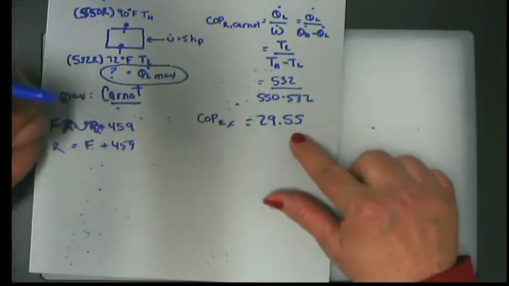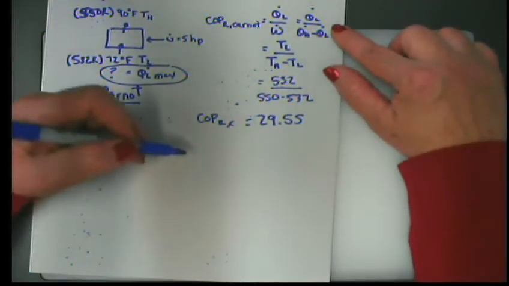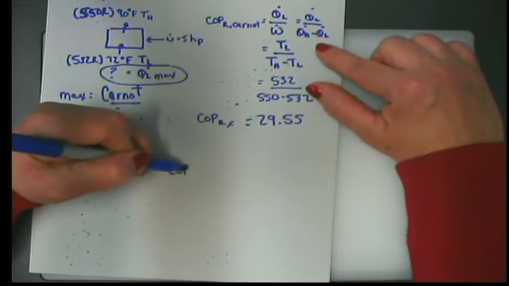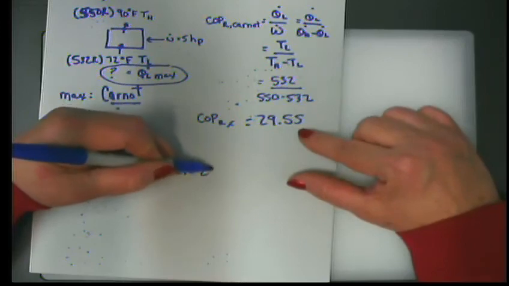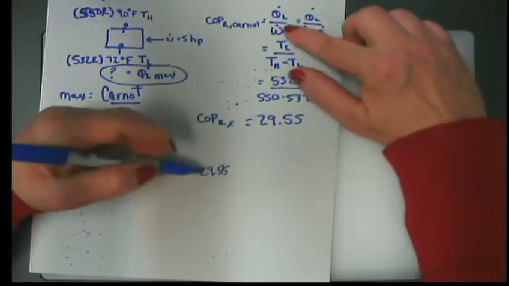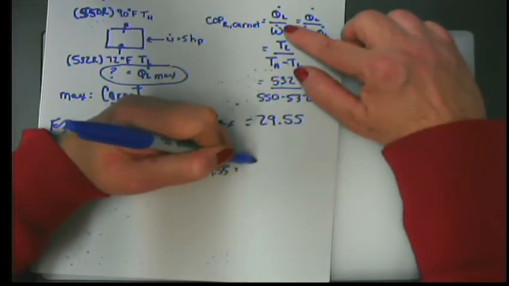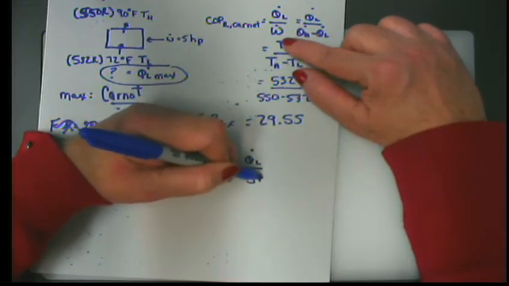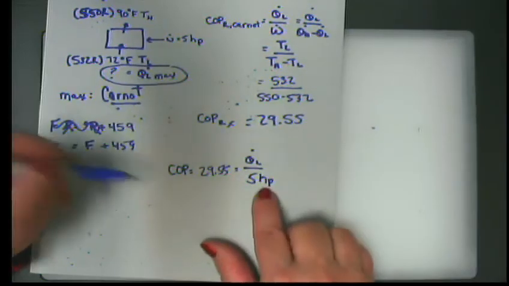so let's go back to this original equation. We also know that the coefficient of performance has a value of 29.55. We also know that that's equal to the rate of heat removal divided by the work that we put in, which is 5 horsepower.